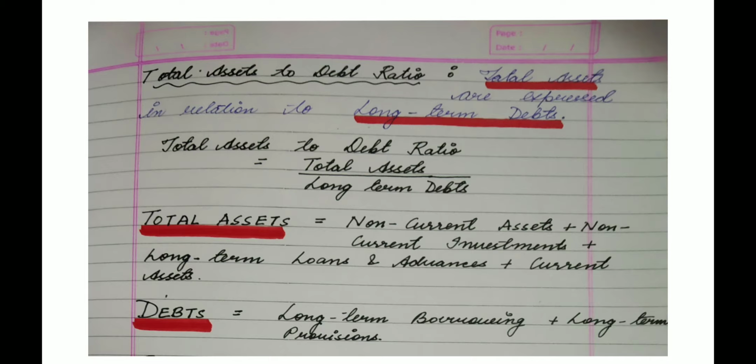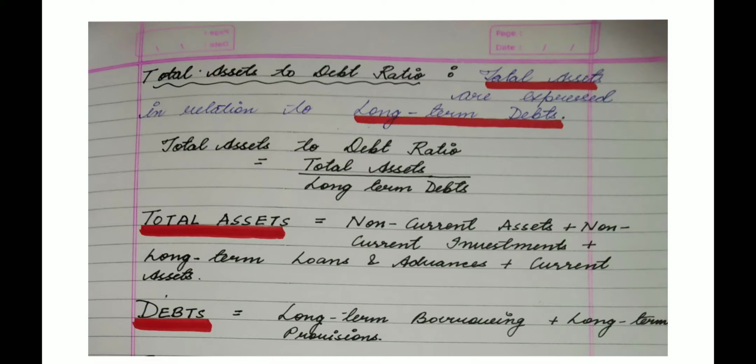It includes all the components shown in the balance sheet on the asset side, like non-current assets plus non-current investment plus long-term loans and advances and current assets. So these are called total assets. Now the second is debts. What does it include? We have already discussed the long-term borrowings and long-term provisions, right?